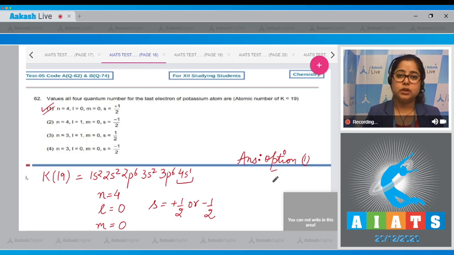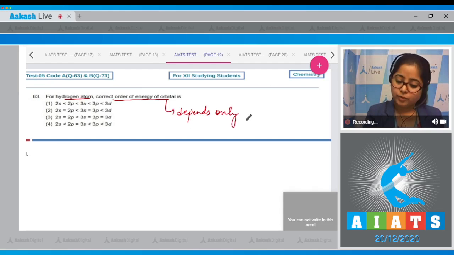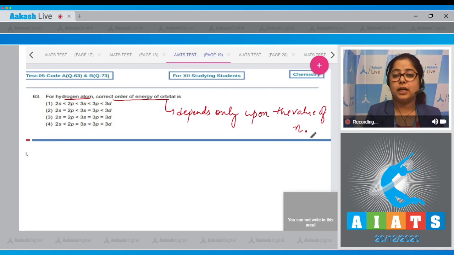Moving to next question, which is question number 63. Let's read it. For hydrogen atom, correct order of energy of orbitals is. Student, for this question, first of all, we have to understand that for hydrogen atom, the energy of orbital depends only upon the value of principal quantum number, that is n. Higher the value of n, higher will be the energy of the atomic orbital.